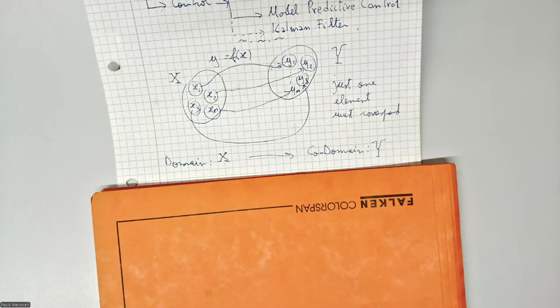It's something in which we consider just one element in the codomain. About X the domain and Y the codomain, I already told you. We will see now the difference between codomain and image. Sometimes they correspond, and roughly speaking we consider them synonyms, but they are not the same. Codomain means corresponding domain.